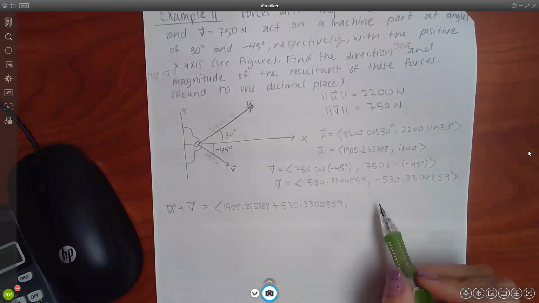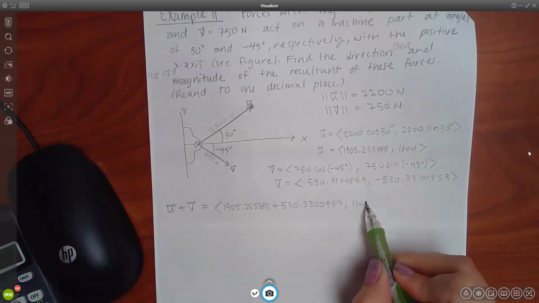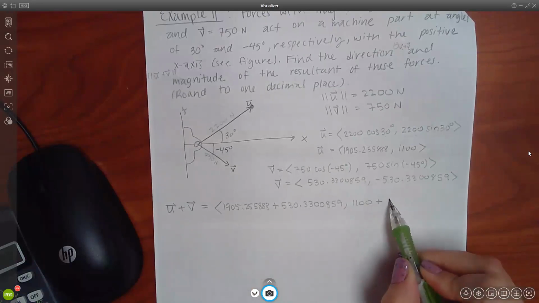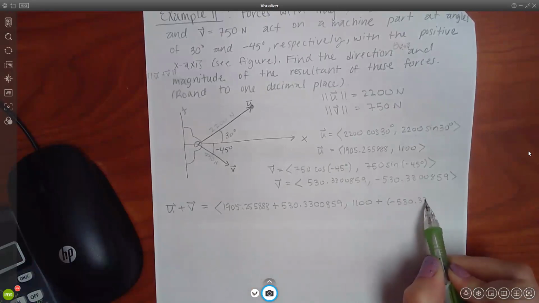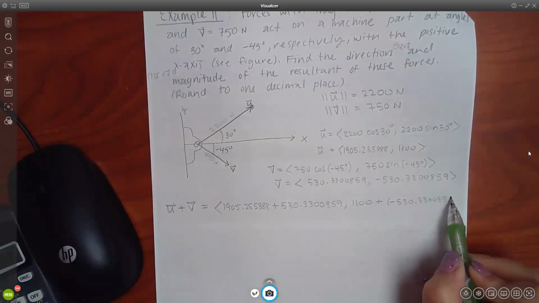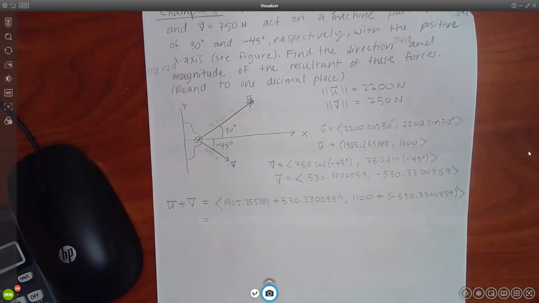Then for the second components, I'm going to take the second component of U and add it to the second component of V. So it's not that this stuff is super complicated. It's all these decimals and numbers that you have to keep track of. Okay.